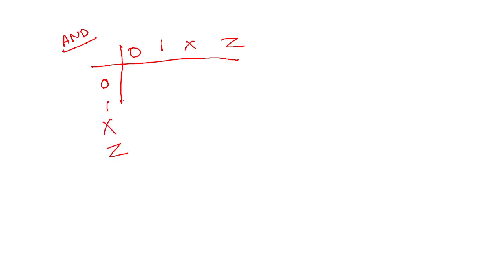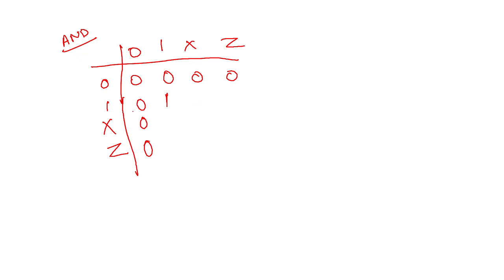So if you want to obtain an AND gate truth table for all the values 0, 1, x and z, when it is 0 it will be all 0, so this also we can fill, 1 and 1 will be 1.